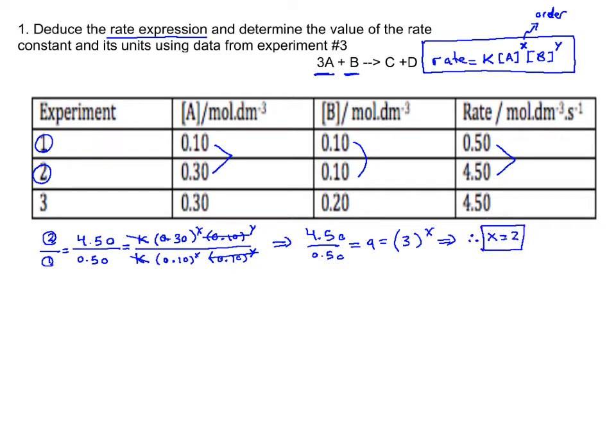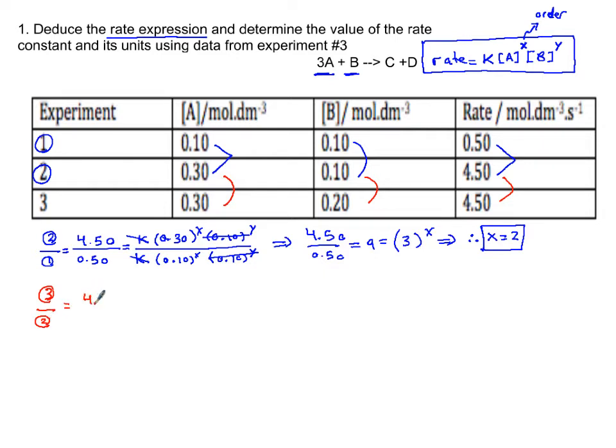Now, in order to solve for y, I'm going to go after another pair of experiments in which A is constant, which is experiments 3 and 2, and I'm going to compare them. So this time I'm going to divide experiment number 3 by experiment number 2.